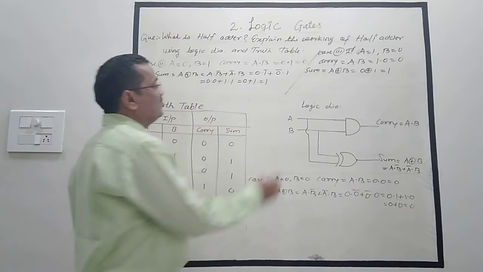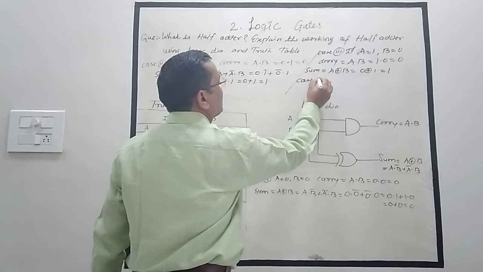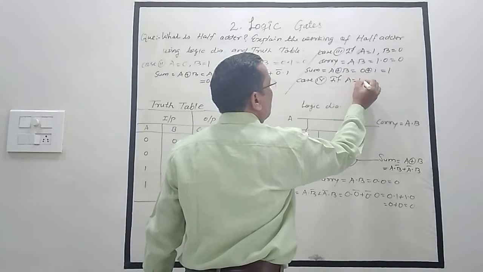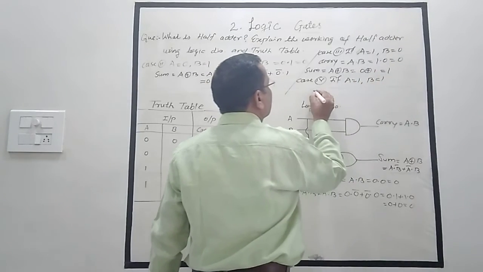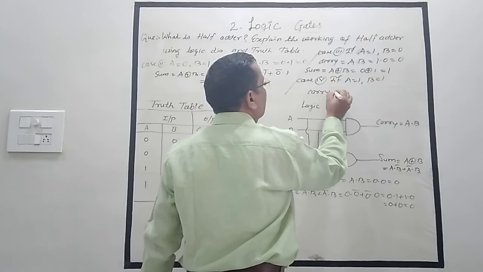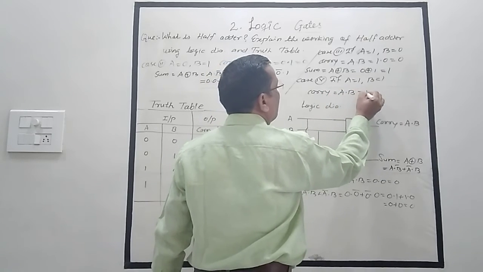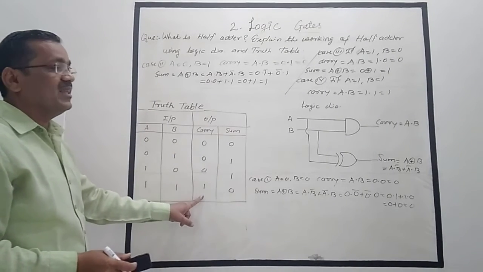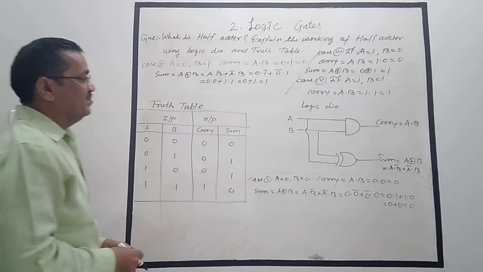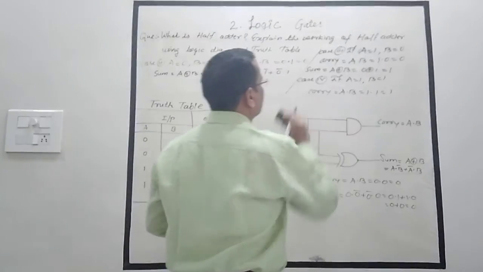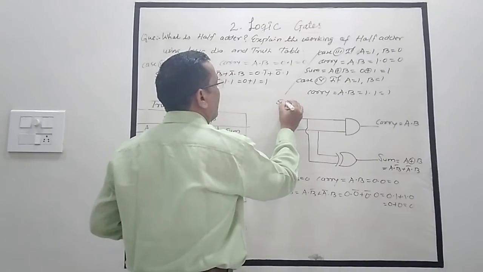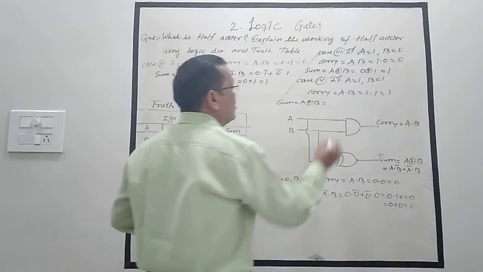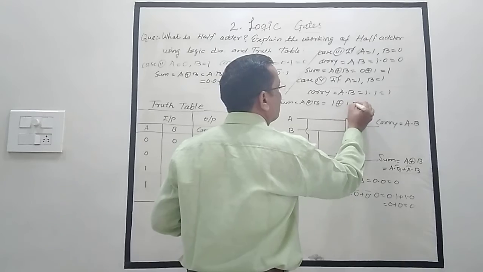Case 4. If A is equal to 1, B is equal to 1, carry is A dot B, 1 dot 1 is equal to 1. That means carry is 1 in the last case, and sum is A XOR with B, that is 1 XOR with 1, which is equal to 0.